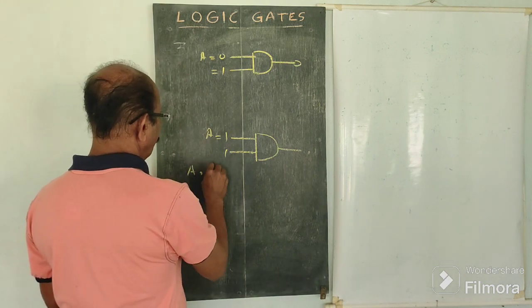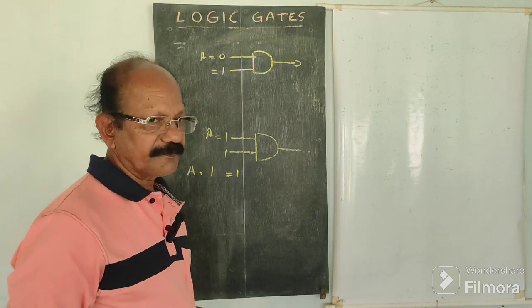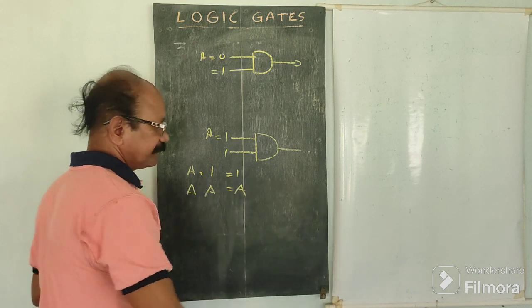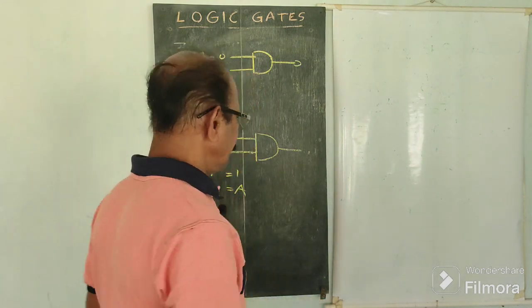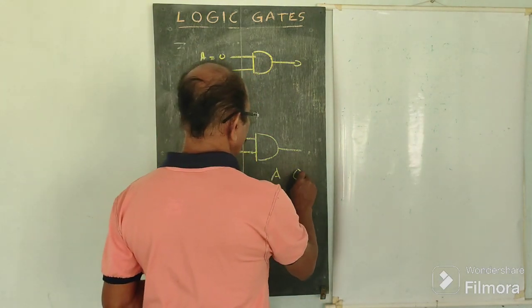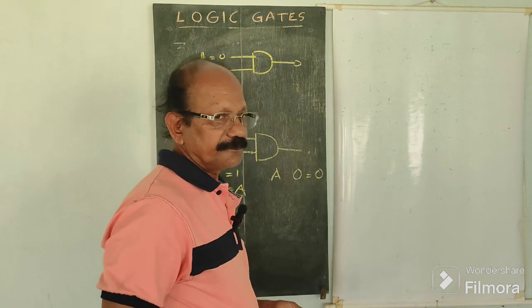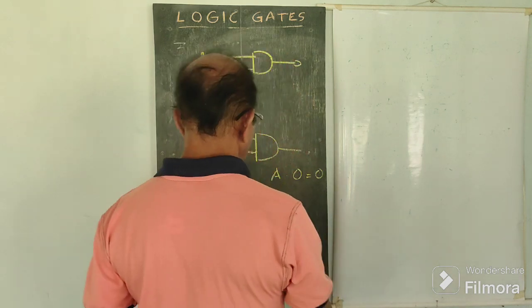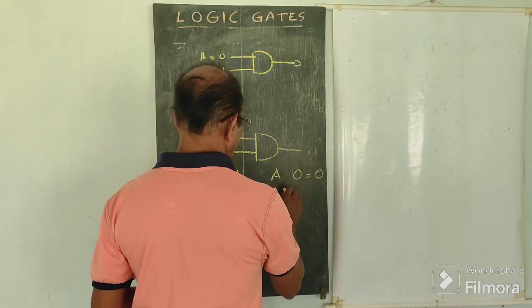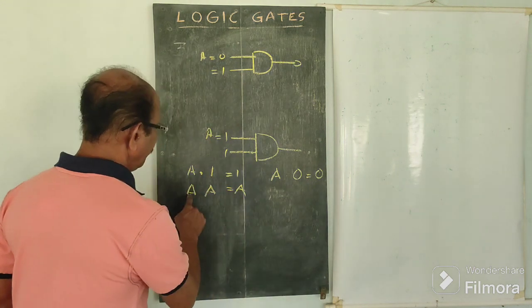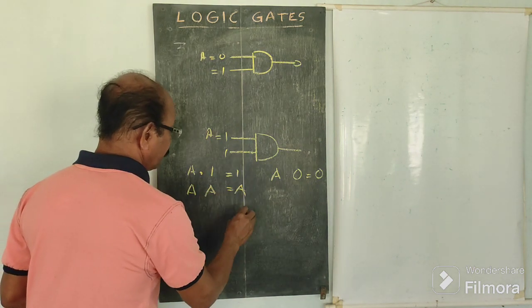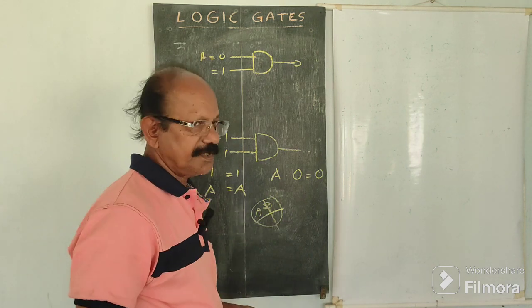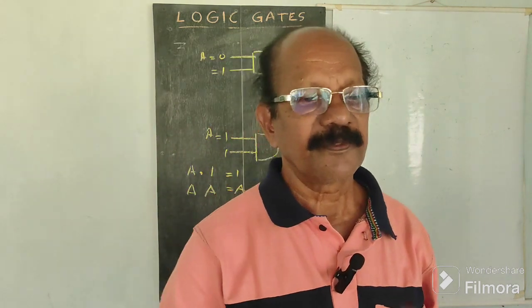A and A is equal to A. A and 0 is equal to 0. And A times A is not A square, it doesn't mean A square.